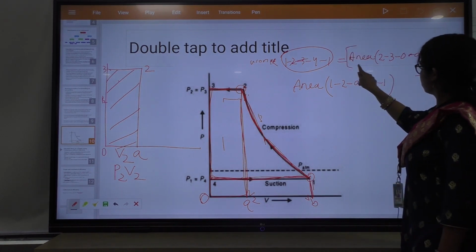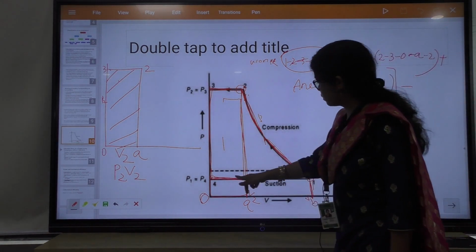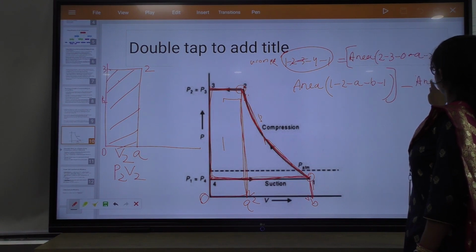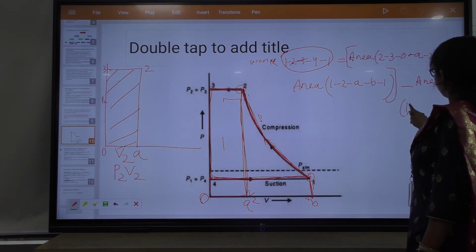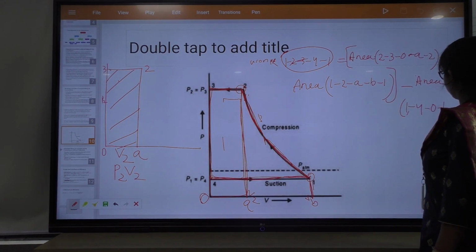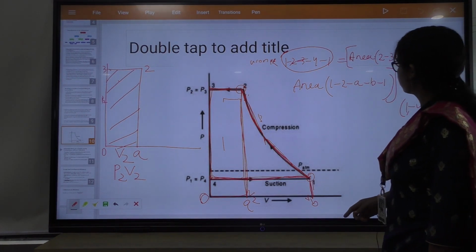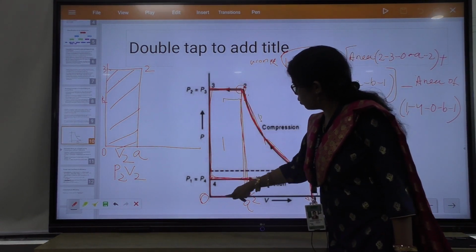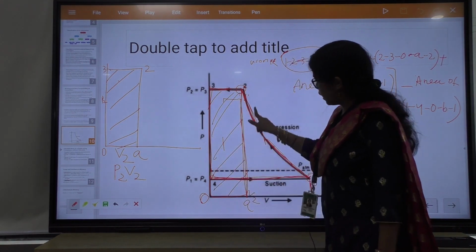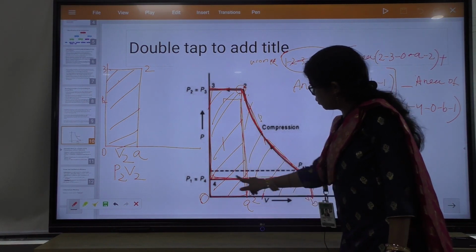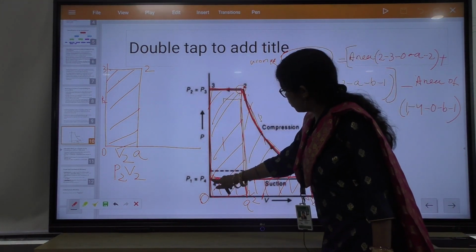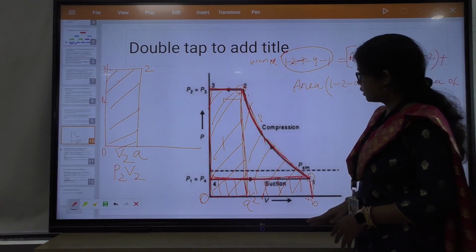Then minus the area of 1, 4, O, B1. That means, first the area 2, 3, O, A2 will be added to this area and we will subtract this area, and after that we will find out 2, 3, 4, 1, 2. Clear? This is our aim.